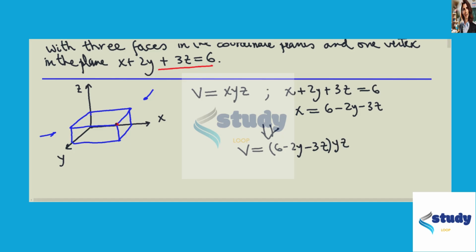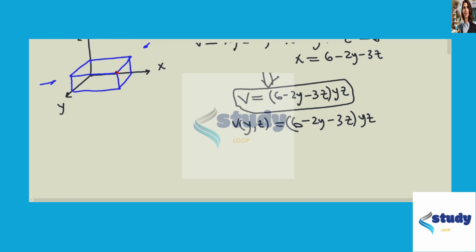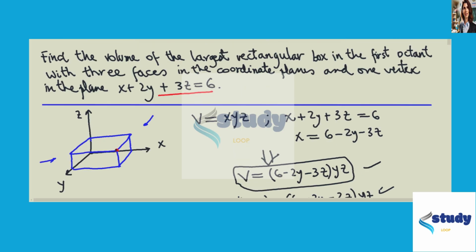And that's the function that we get to study, because now we have two variables. That is, this is in fact the function of y and z given by 6 minus 2y minus 3z times y times z. And here we have already considered the fact that the point is in the plane given here.